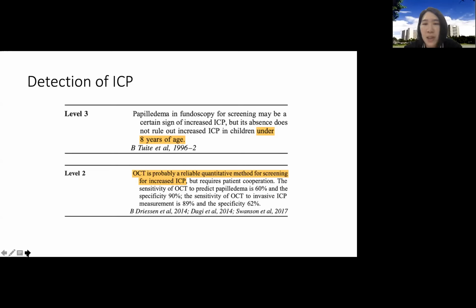The sensitivity of OCT to predict papilledema is 60% and the specificity is 90%. The sensitivity of OCT to invasive ICP measurement is 89% and the specificity is 62%.